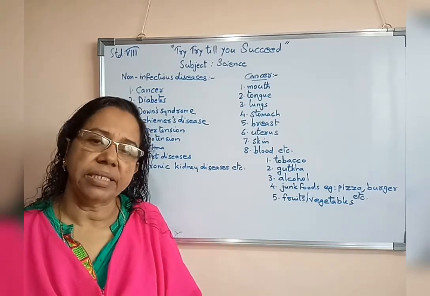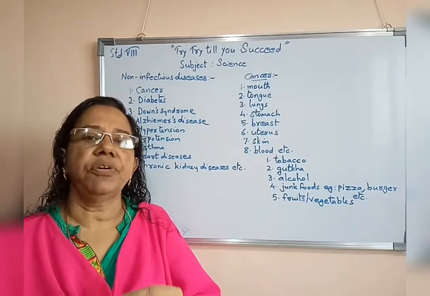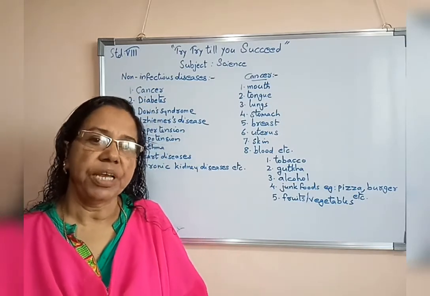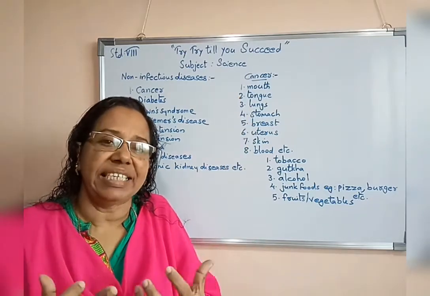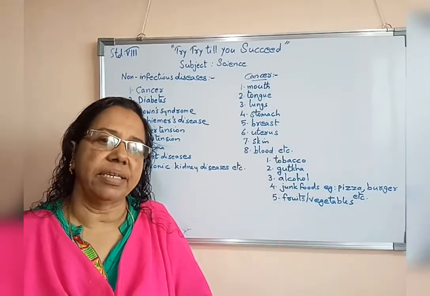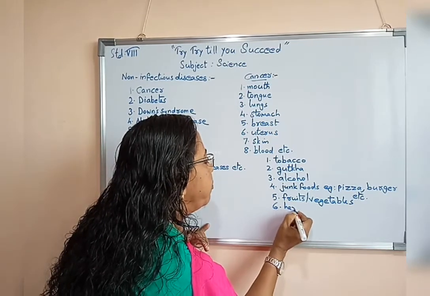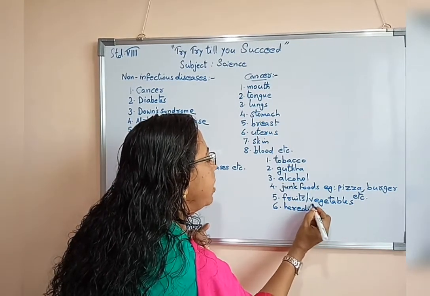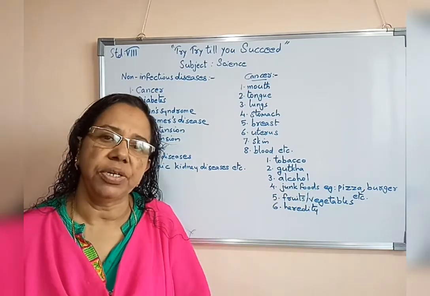If our parents or grandparents have cancer, there is a chance of getting the disease to us. So all these are assumptions, that means maybe because of these things we may get the disease. Even due to heredity. That means if the parents or our grandparents have cancer, there is a possibility of getting the disease to us.